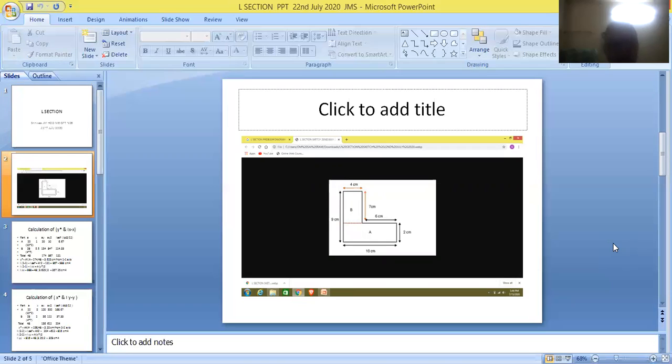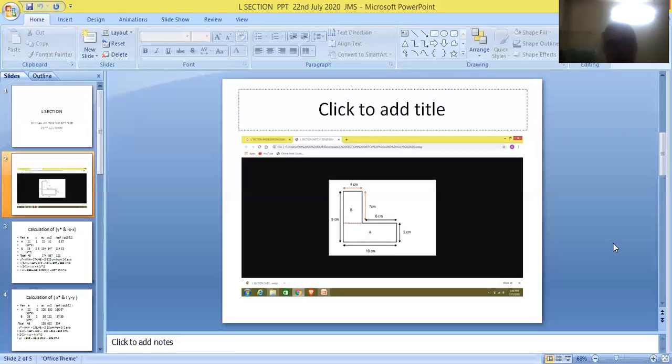A very nice figure is shown in this slide. Using this figure, we have to measure all the values, that is X bar, Y bar, Ixx and Iyy. So I have to make all these calculations.